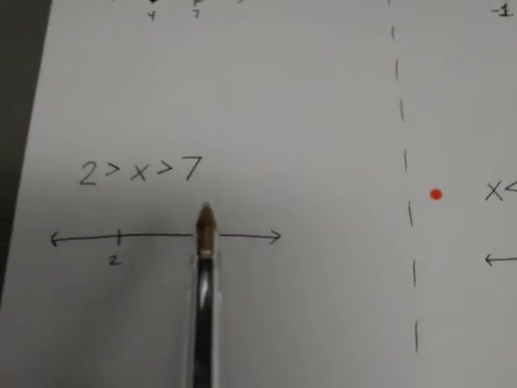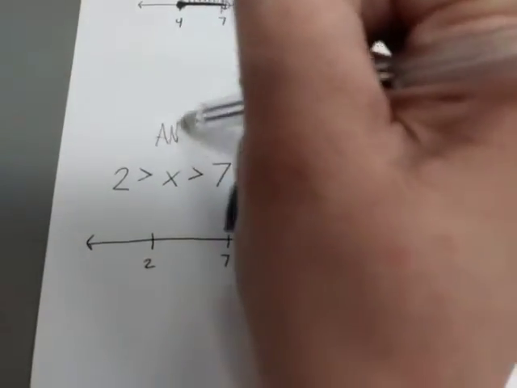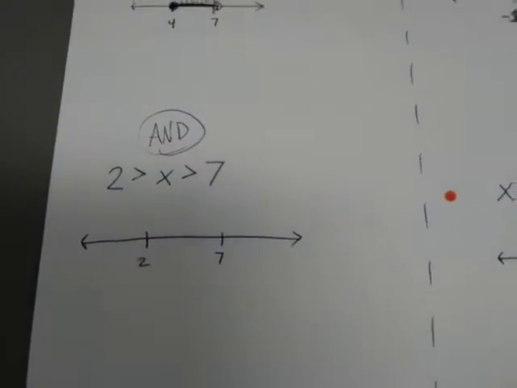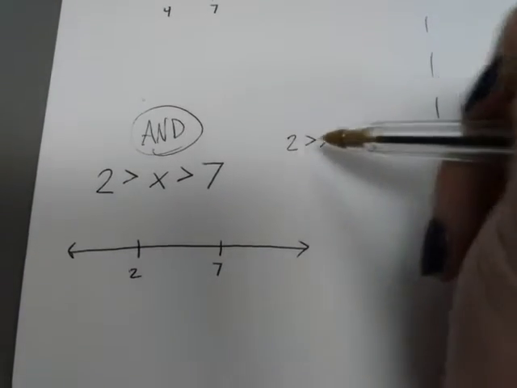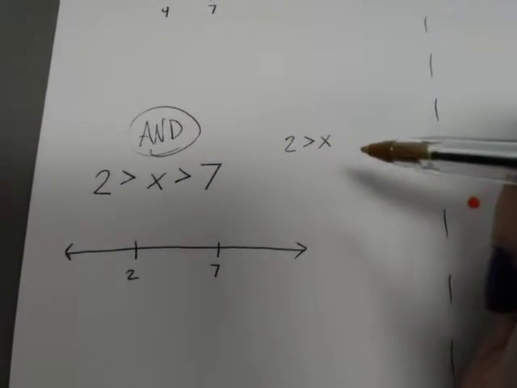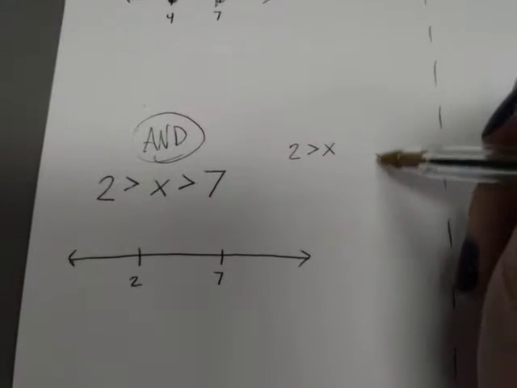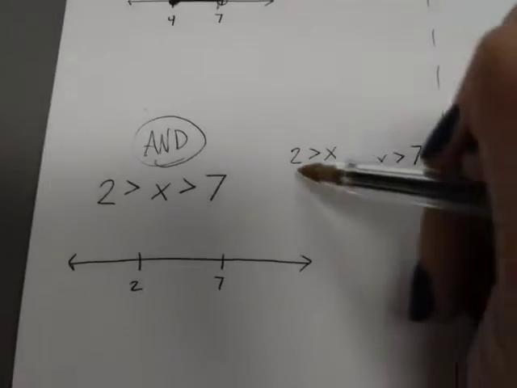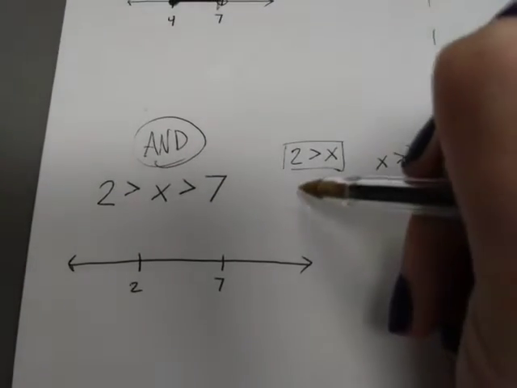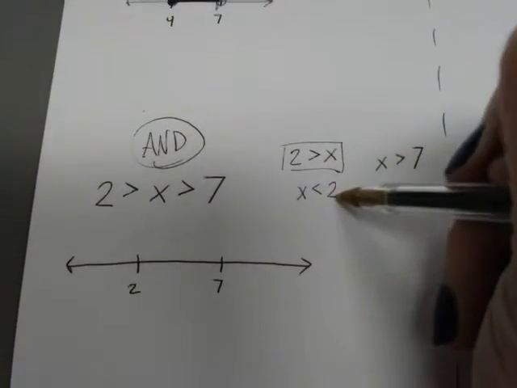Now, let's take a look at this next one. It's smushed together, written like this, so I'm going to assume it's an and inequality. But let's see what this is saying. This is saying I want 2 to be greater than all of my x values, as well as I want x to be greater than 7. Let's think this through. I personally think this is funky to look at, so I'm just going to flip this around. x is less than 2.